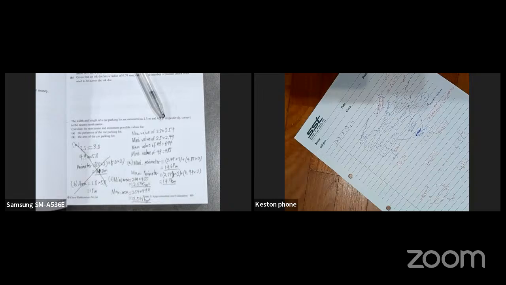Why would you choose this one, Keston? We can talk about this if you want to. How do you predict the color? Here, they tell us.